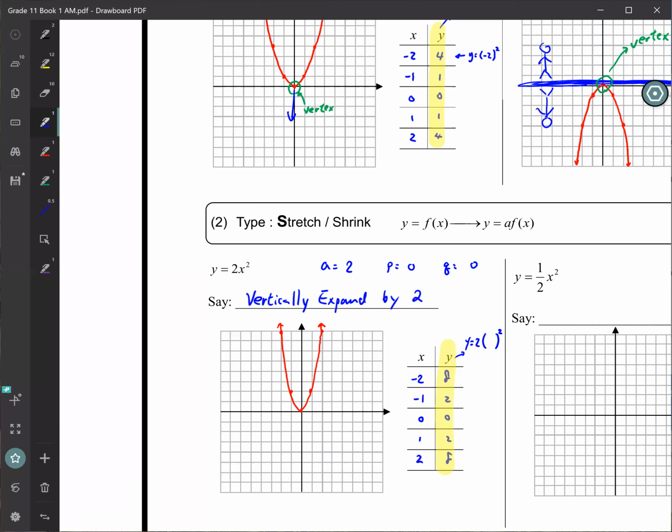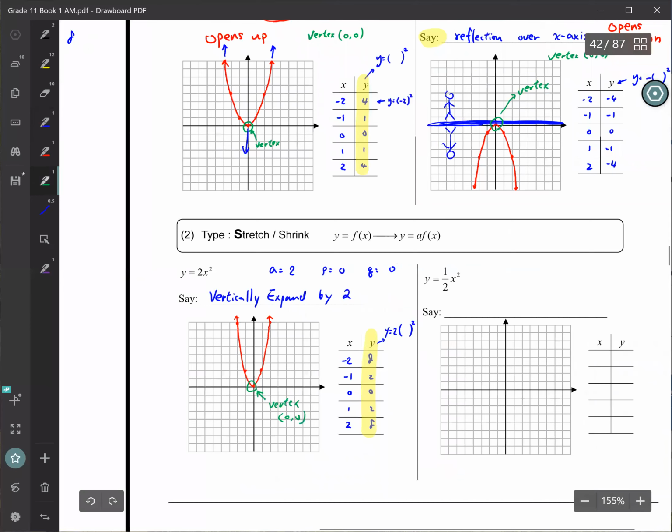Vertical means the y got changed. Expand means it's getting bigger. And the 2 is the number that you multiply by. The vertex doesn't change, it's still at 0, 0. Okay, so it's all good.